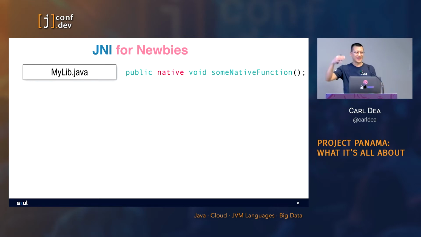You implement the interface, or if it's an abstract class, you extend from it. But the keyword native allows you to create the API for the Java developers. The Java developers are going to call this function to perform some action.